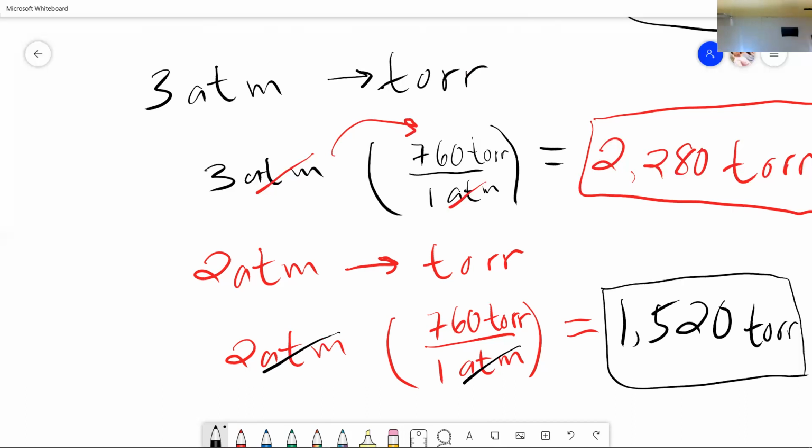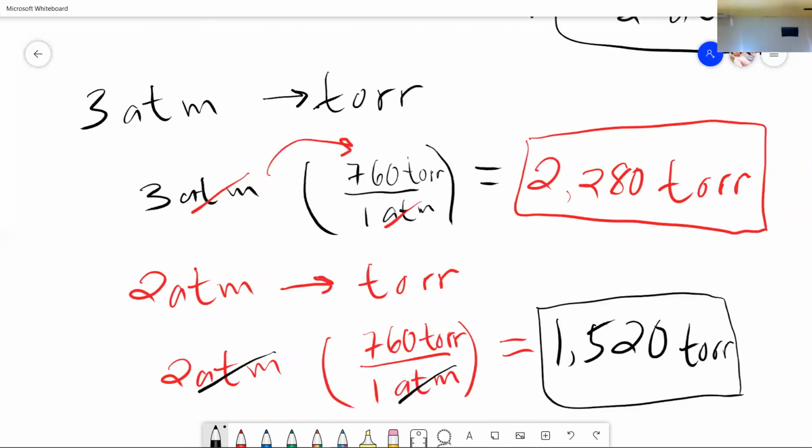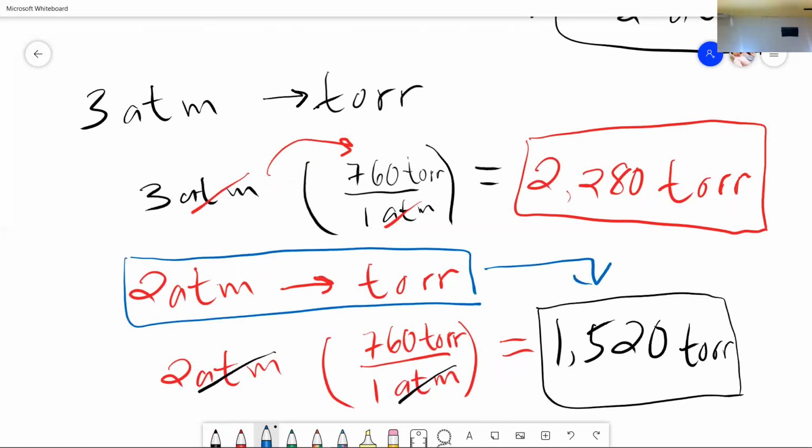So let's check if it is correct. The 2 ATM is equivalent to 1,520 torr.